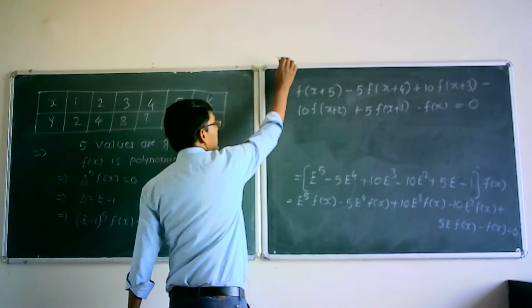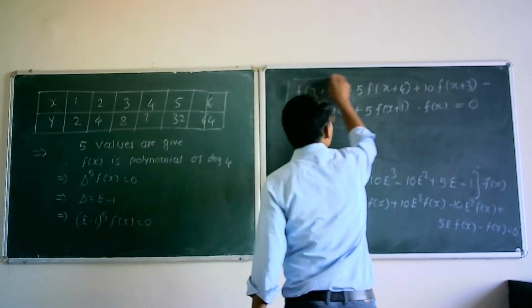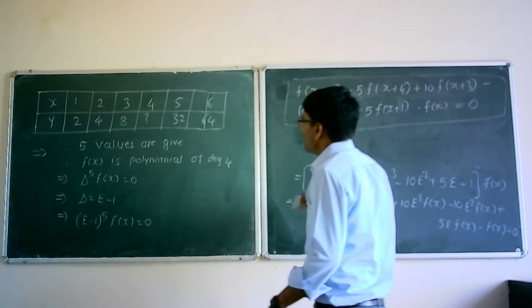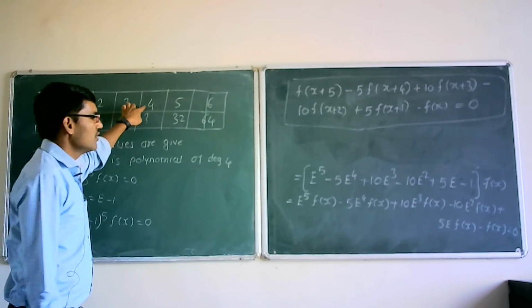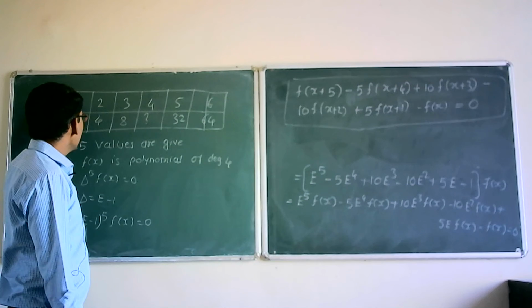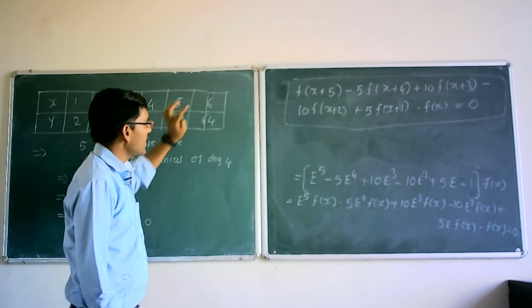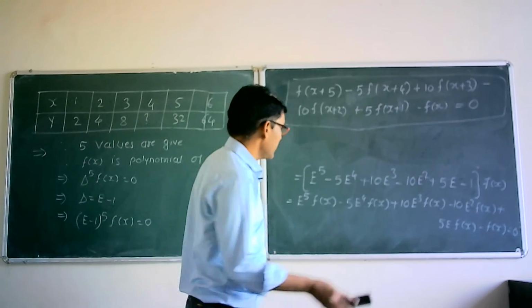Now this is the equation. By using this equation, we are going to evaluate the missing term f of 4. The values for 1, 2, 3, 4, 5, 6 are given. So put x is equal to 1 in this equation.